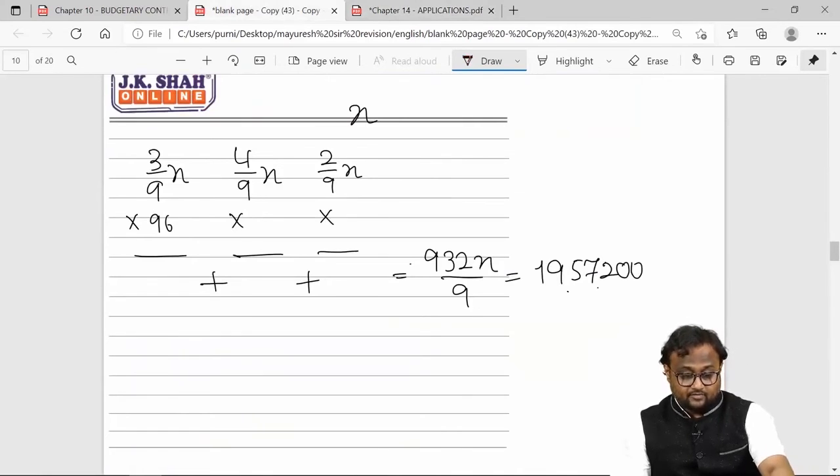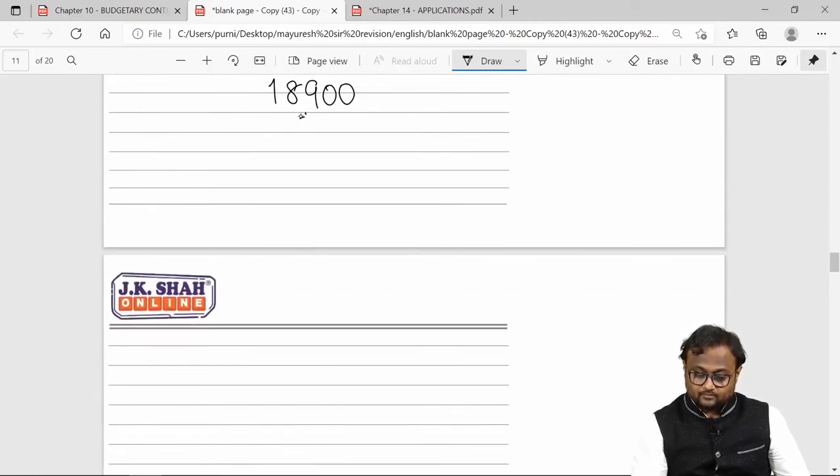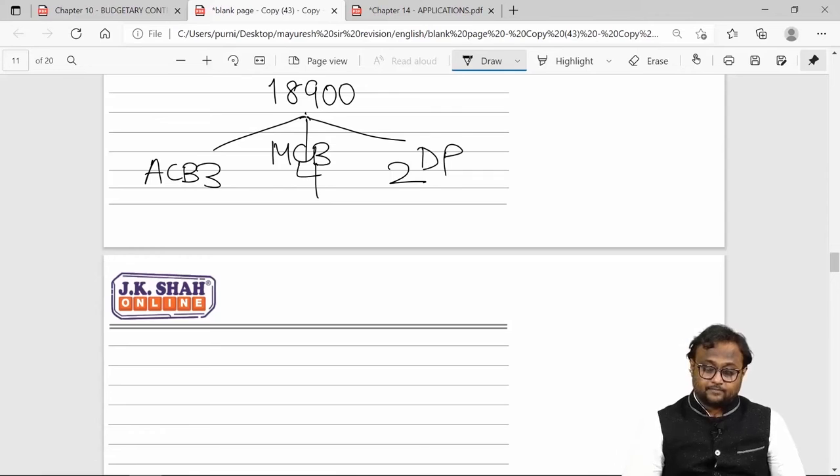So 19,57,200 into 9 divided by 932. 18,900 will be your total quantity, the value of X, which will be split in the ratio 3:4:2 for ACB, MCB and DP.